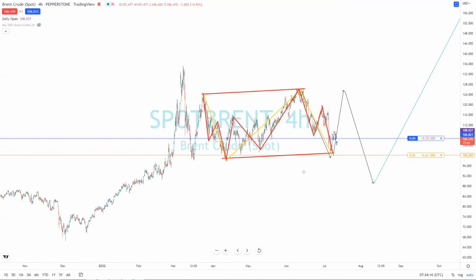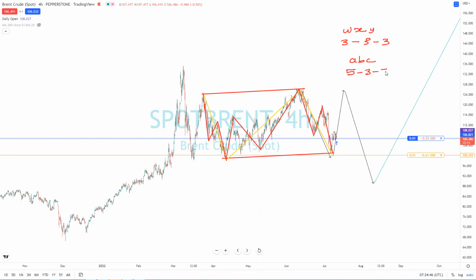So we can see that our structure is more or less a 3, 3, 3 corrective pattern. Remember, we said if we have a 3, 3, 3 corrective pattern, we label it as a W, X, and Y. Otherwise, it's going to be an A, B, C corrective pattern.